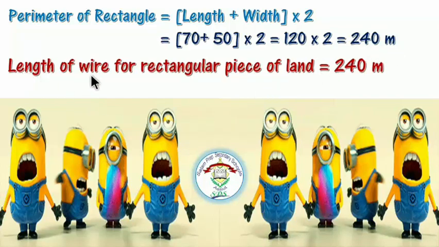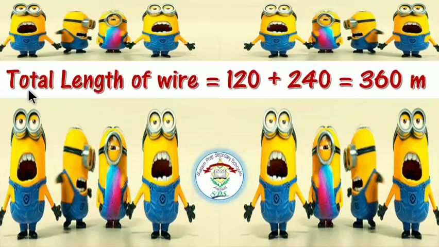Length of wire for the rectangular piece of land equals 240 meters. Total length of wire for the land and the playground equals 120 plus 240 equals 360 meters.